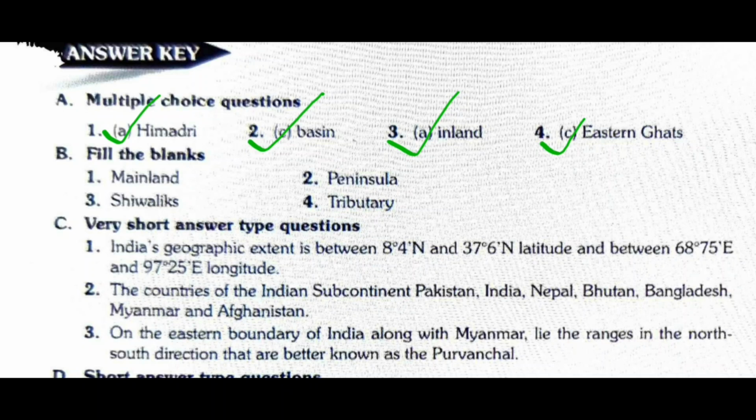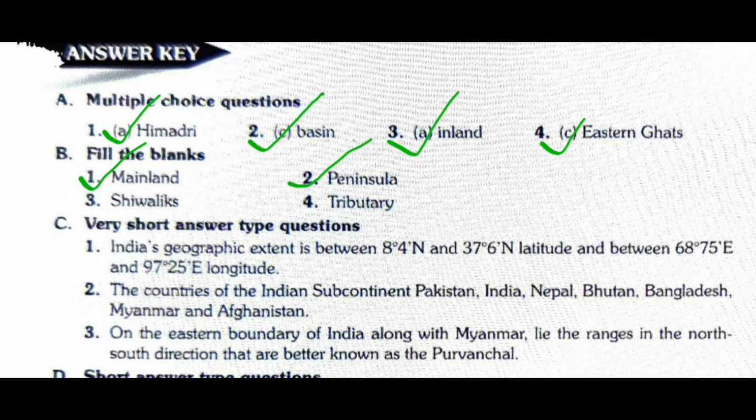Eastern Ghats. The next, fill in the blanks. The principal landmass of a country is known as mainland. Land projecting into the sea and surrounded on three sides by a large water body is called peninsula.